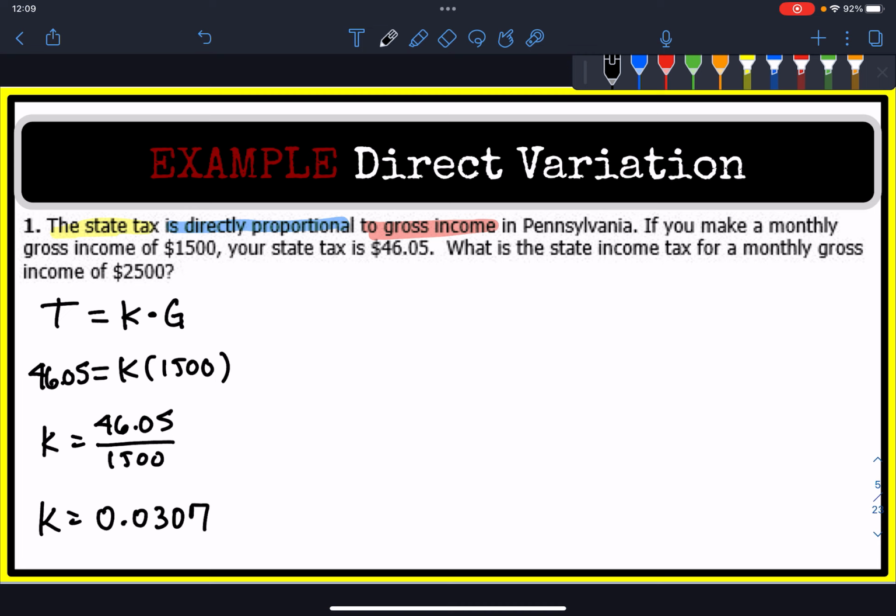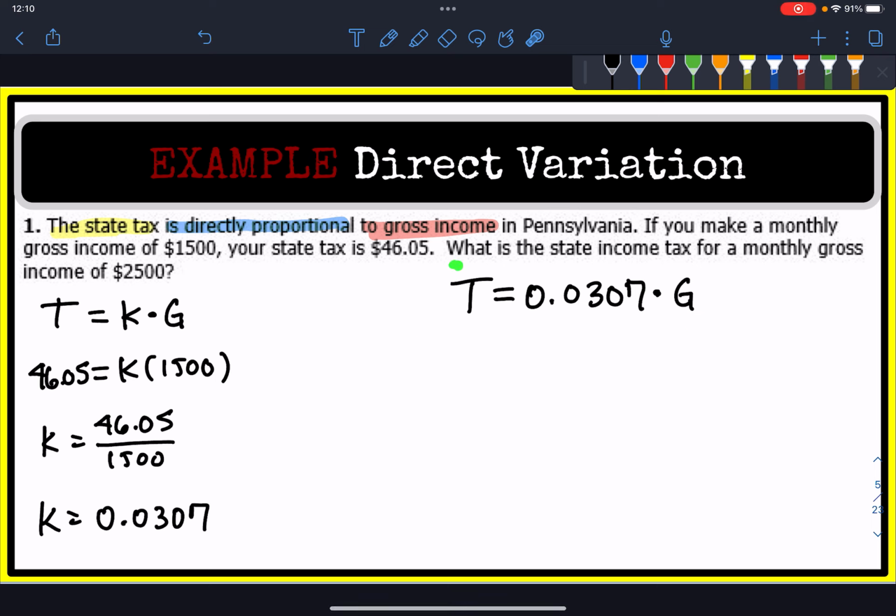So now with our constant, we're going to replace k with this value, and T equals 0.0307 times G. So now I can figure out the tax at a different gross income if somebody makes a different amount of money a month, or figure out how much you need to make to be taxed a specific amount, like $50.